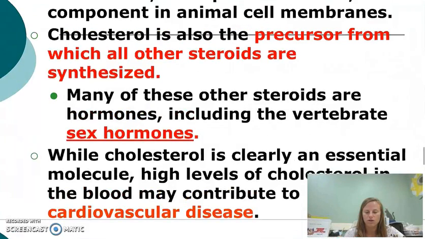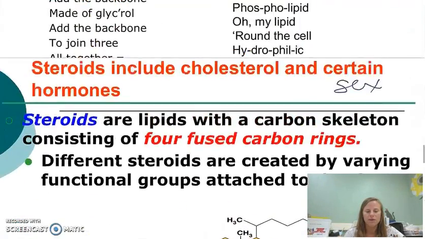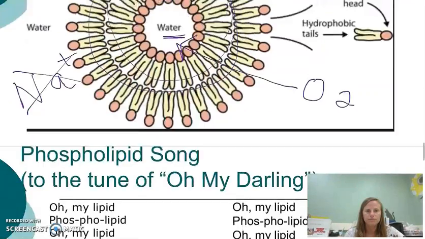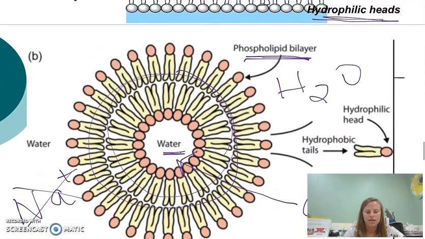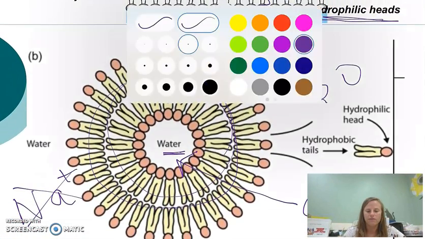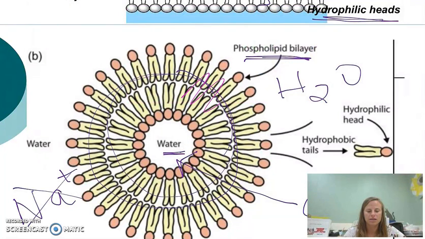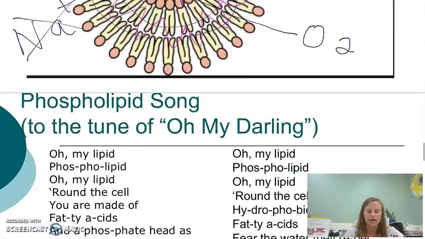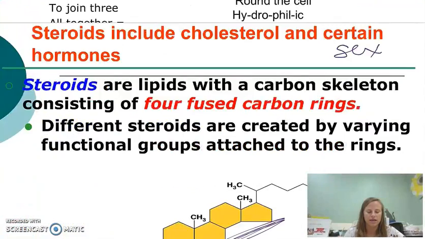Cholesterol can be found embedded within our phospholipid bilayer, and it's going to prevent those fatty acid tails from sticking to one another, therefore maintaining the fluidity of that phospholipid bilayer.